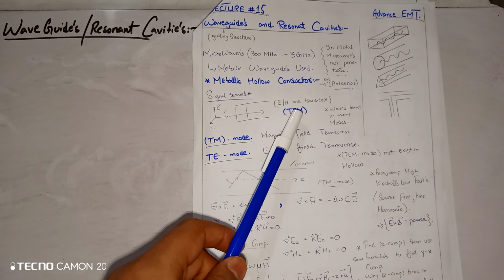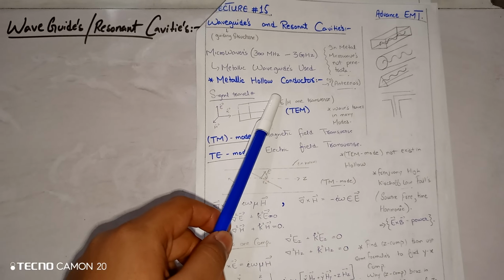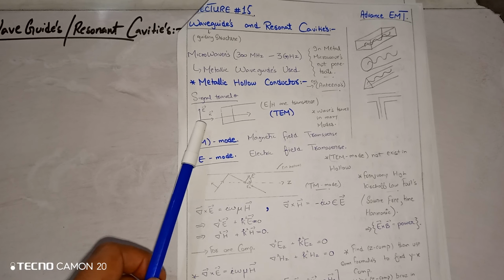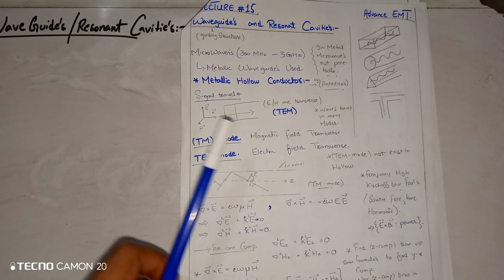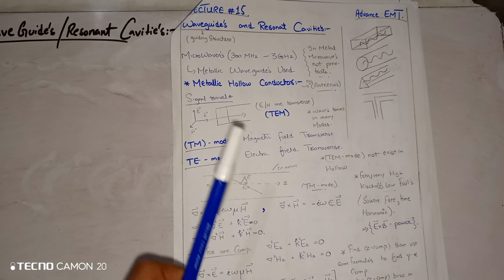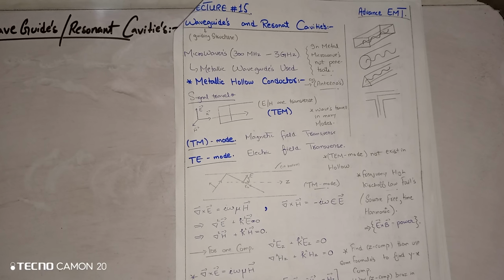Let's take an example of TEM, where both the electric field and the magnetic field are transverse. You can see this is your wave propagation. Your electric field and magnetic field are perpendicular to each other, and your wave is traveling inside.